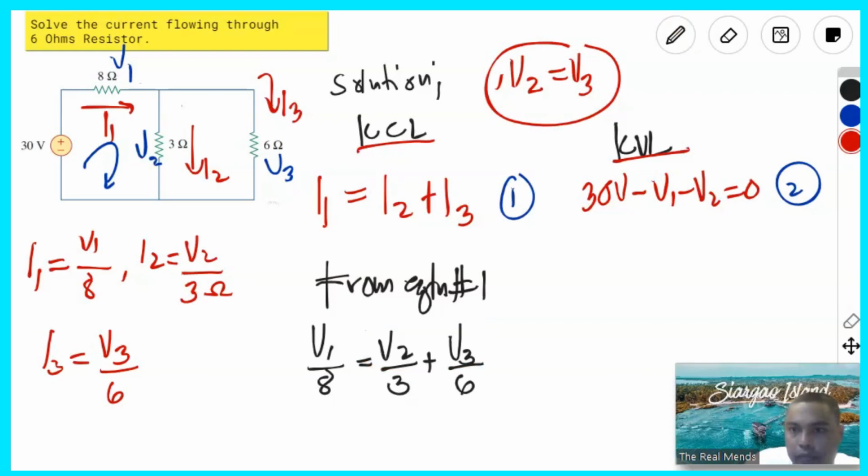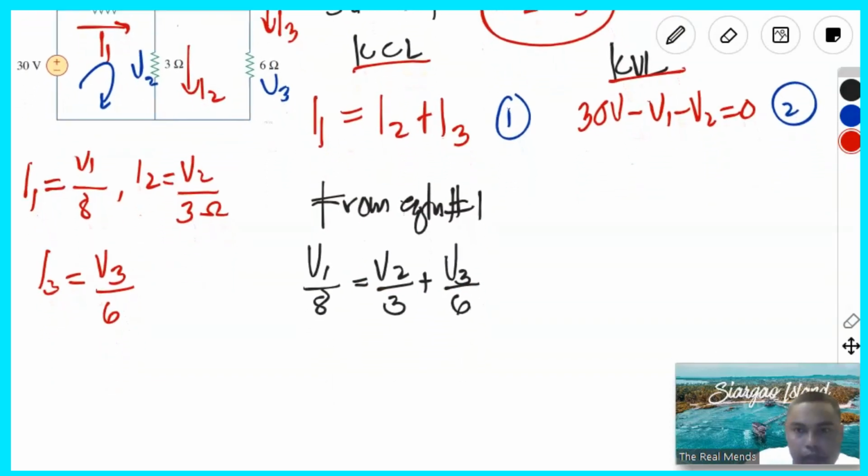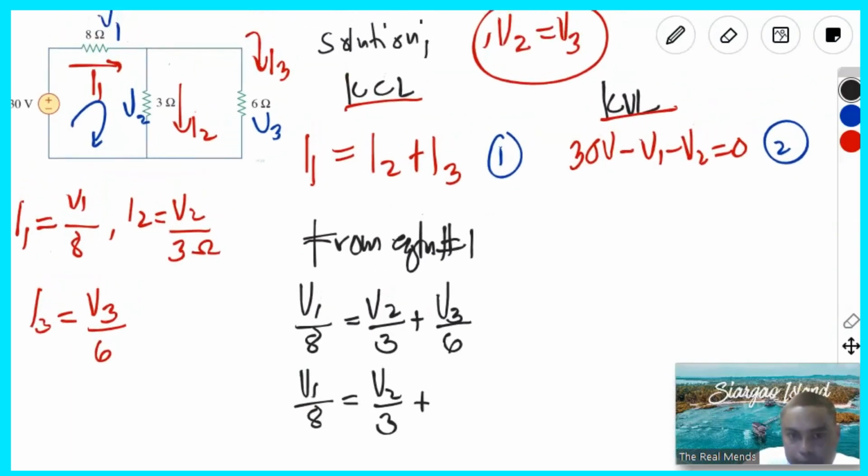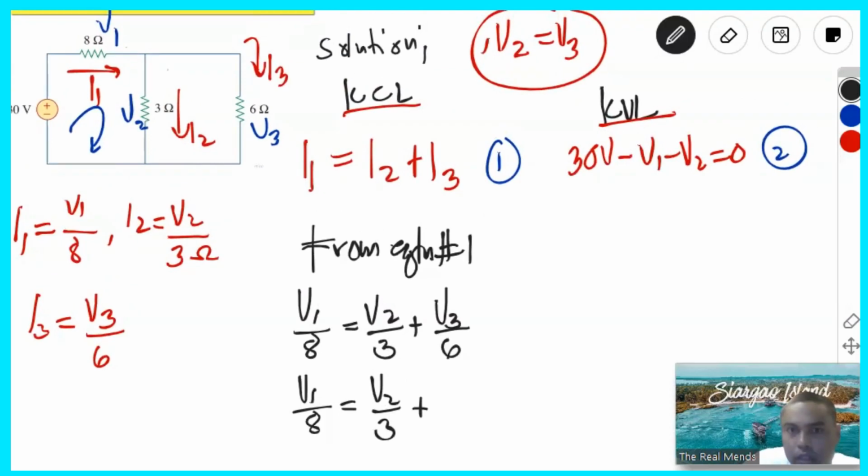Okay, so we have V1 over 8 is equals to, we have V2 over 3 plus this V3. Let's use the condition that it is the same as V2, so we can have V2 over 6.